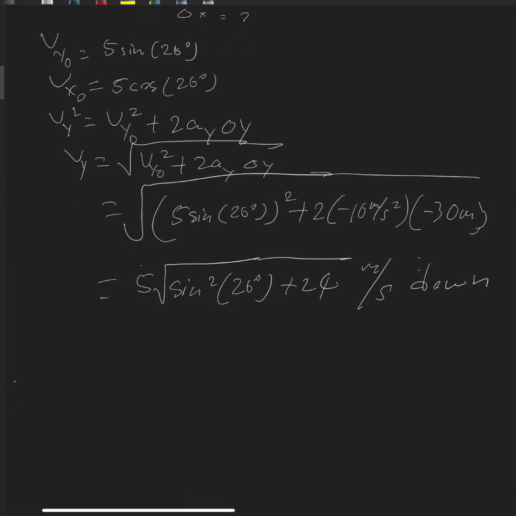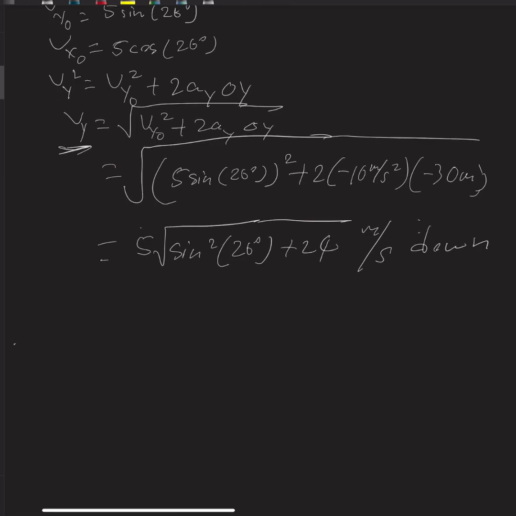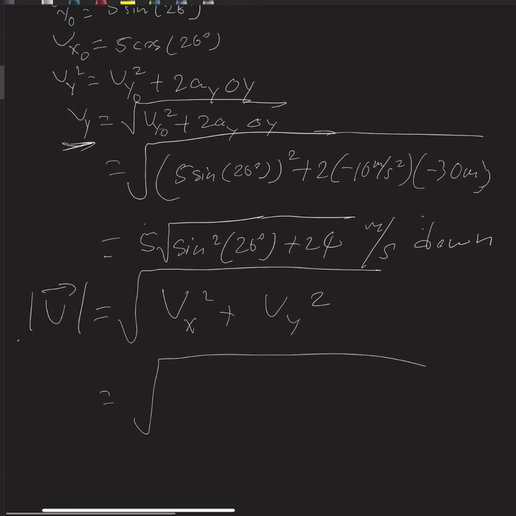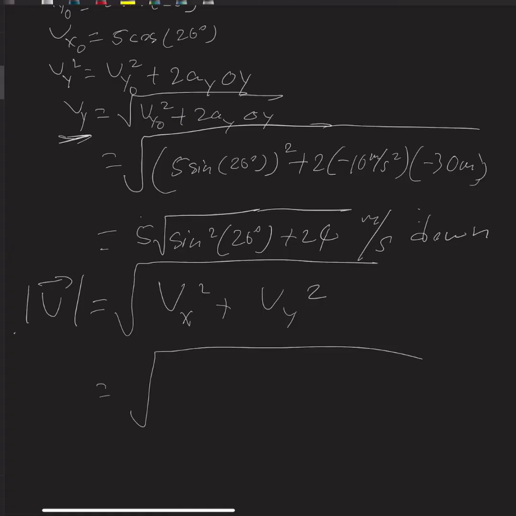It's asking for the final velocity, and velocity is a vector, so it has both x and y components. We're only solving for the y component right now. We also need the x component, so we can use the magnitude formula, where the magnitude of velocity is equal to the square root of velocity in the x direction squared plus velocity in the y direction squared. The velocity in the x direction has zero acceleration, which means the velocity will never change, so the final velocity equals the initial velocity.